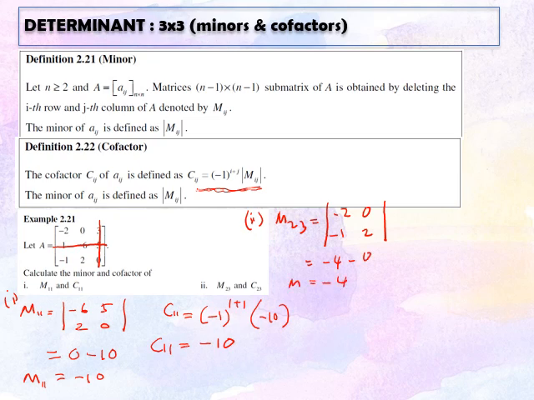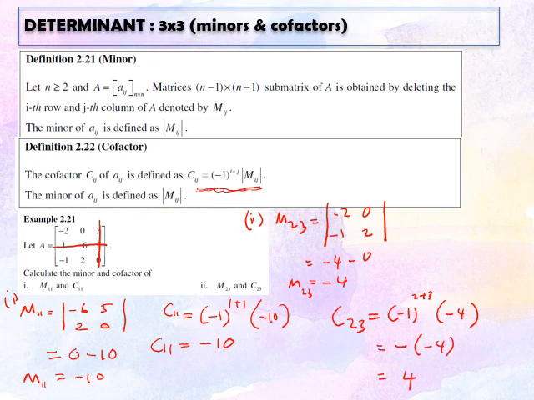So M23 is equal to negative 4. What is C23? We follow the formula negative 1 to the power 2 plus 3. Negative 1 to the power of an odd number is negative. 2 plus 3 is 5, so negative 1 to the power 5 is negative 1. So the cofactor C23 is 4.